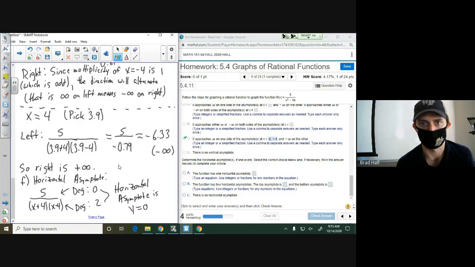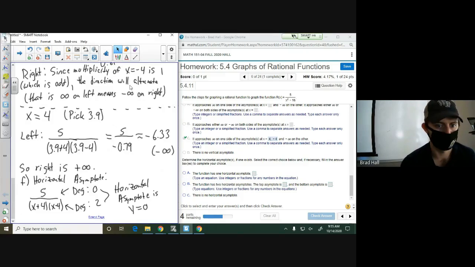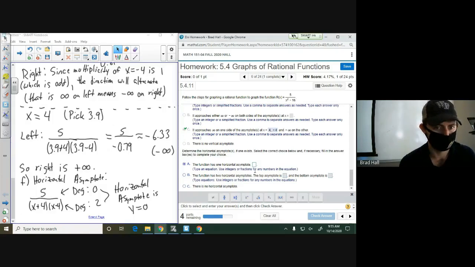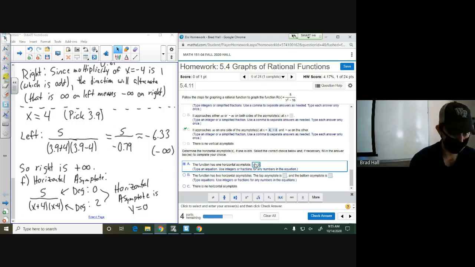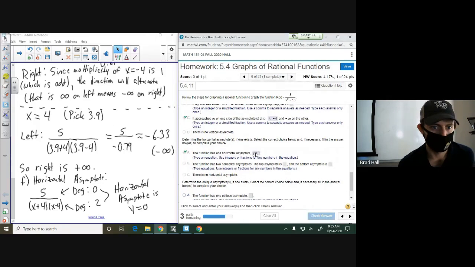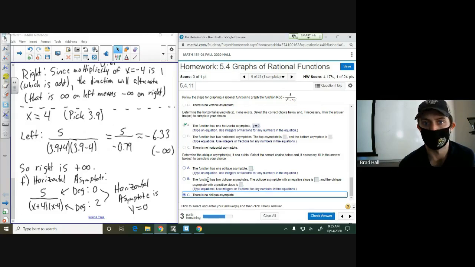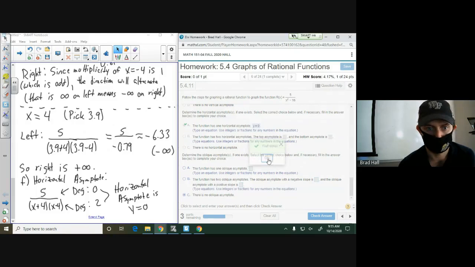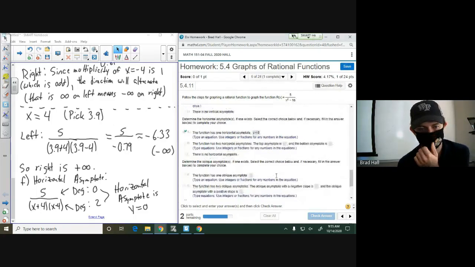Your horizontal asymptote will always be y equals 0. So that is the horizontal asymptote here. And we never have an oblique asymptote. So for every problem that you come across, you're not going to have an oblique asymptote, so you don't have to worry about that.